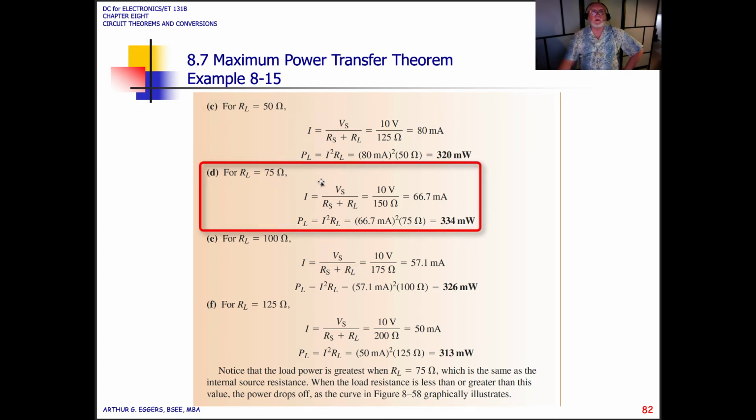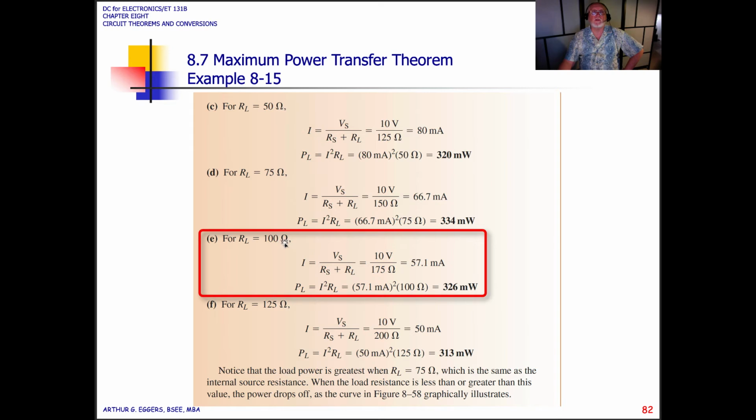Now 75 ohms on the load. V sub S over R sub S plus R sub L gives us 10 volts divided by 150 ohms, or 66.7 milliamps of current. I squared R, 66.7 milliamps squared times 75, gives us 334 milliwatts of power to the load. Now let's see what happens when we put 100 ohms on the output.